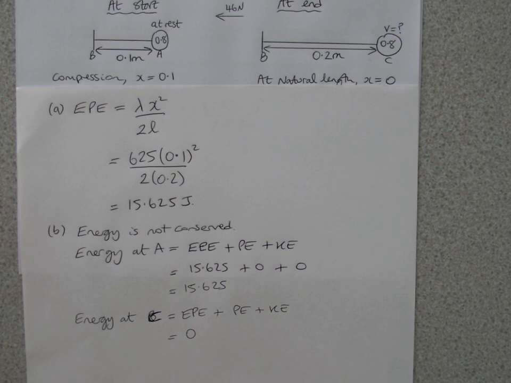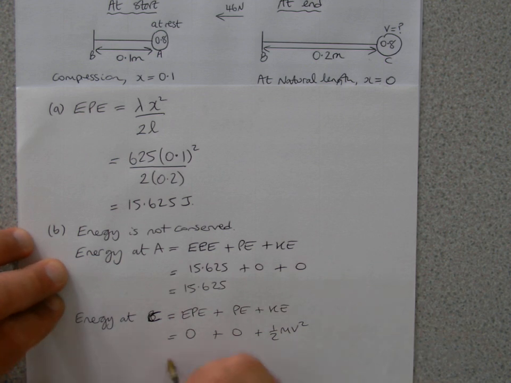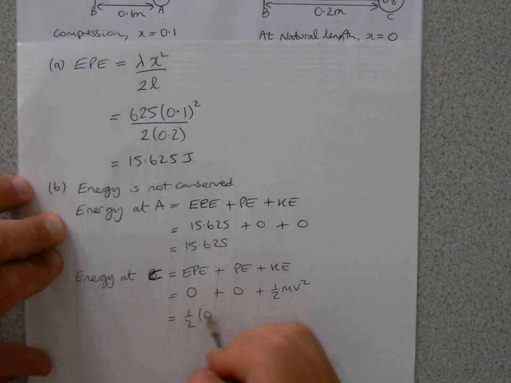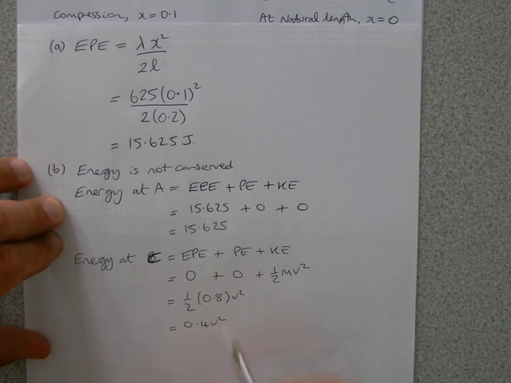There's no energy stored in that spring because it's at its natural length. Potential energy is 0, as we already discussed, because it's all happening on the horizontal. Kinetic energy will be half mv squared, where the mass is 0.8, so you end up having 0.4 v squared.